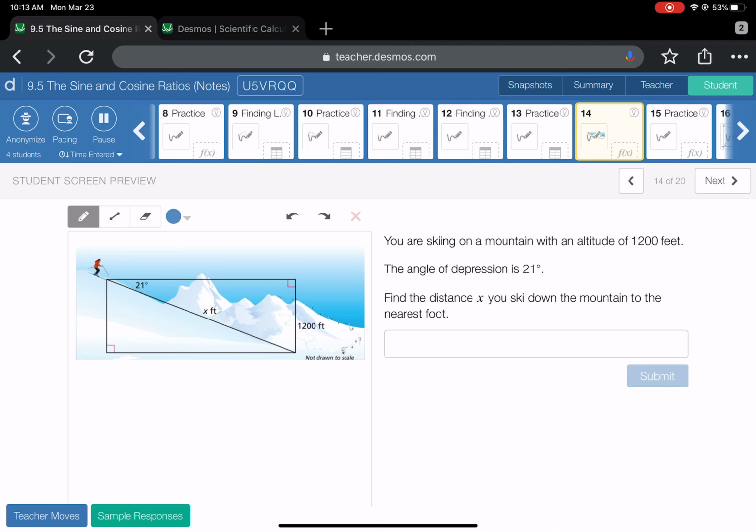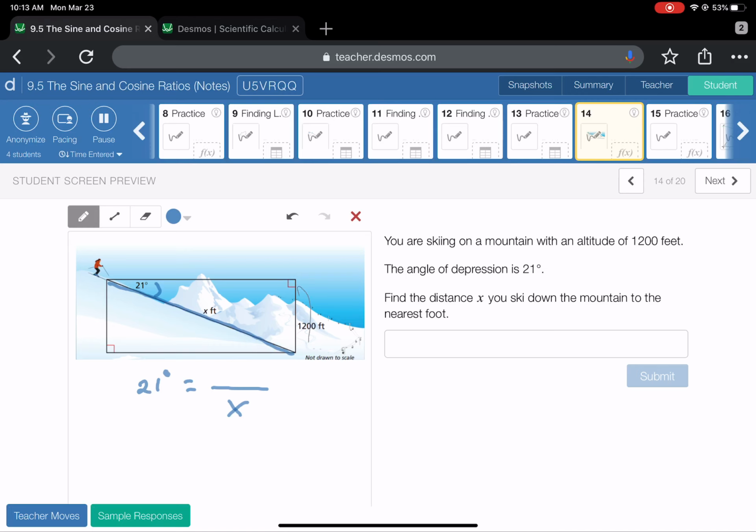All right, so first we have 21 degrees. Now we don't know if we're going to use sine or cosine, but we're going to see what we can do with this. We know that at the bottom we have the hypotenuse. The hypotenuse here is x, so whatever we use, either sine or cosine, is going to have to be over x. Now let's look at what values are given to us.